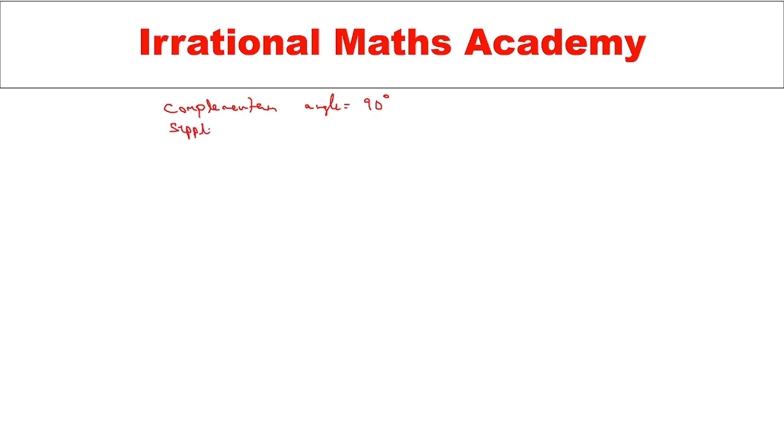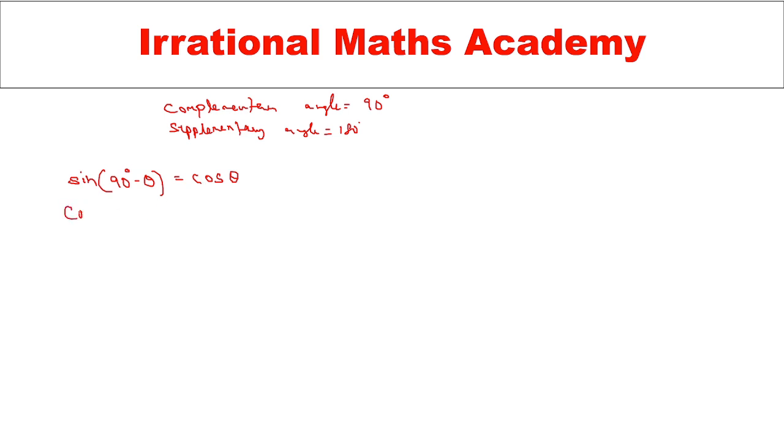And if the sum of the two angles is 180 degrees, we call it supplementary. Is it clear? Now, remember this: sin 90 minus theta, we get cos theta.